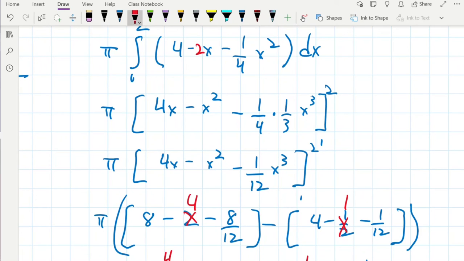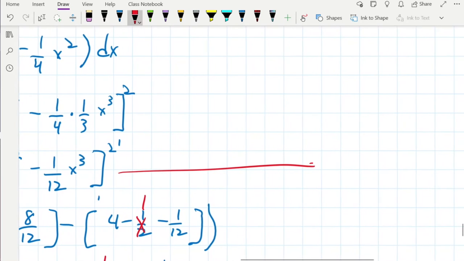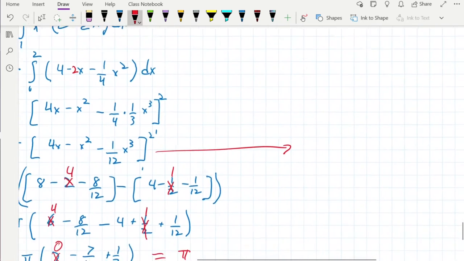So from 1 to 2, I'm just going to give it another shot because it still was not matching up.